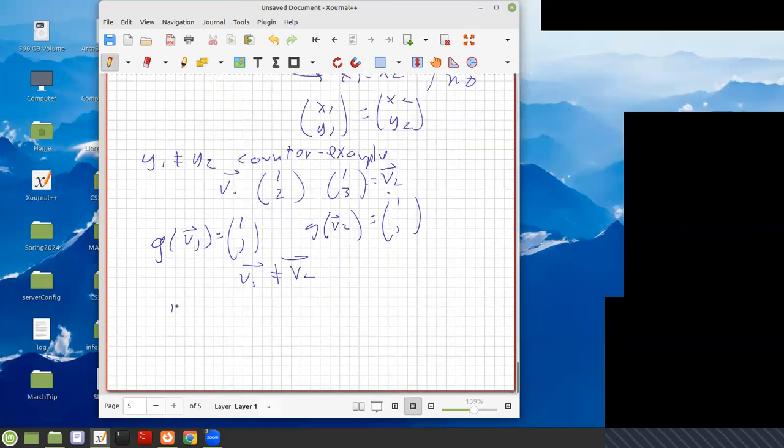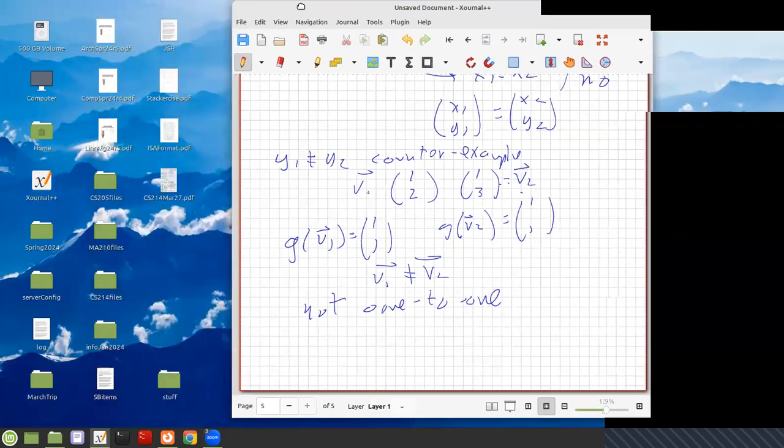That's how you would verify, if you're given a linear map and asked whether it is linear, 1 to 1, or onto. This gives an example when they're not, and we'd have to go through another example when they are.